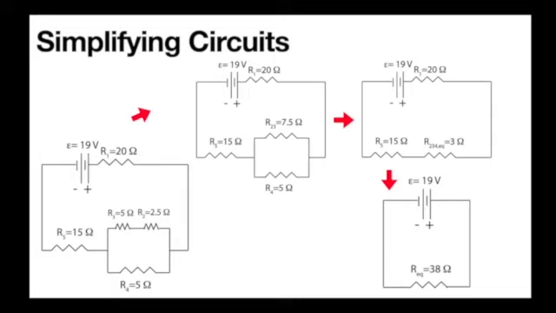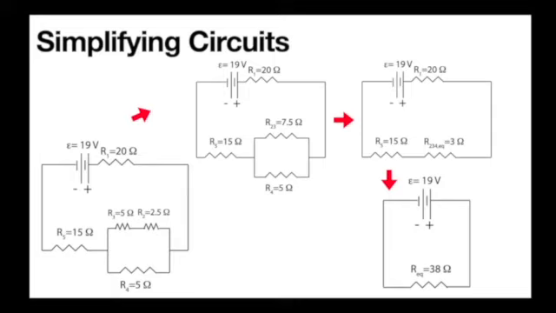Questions on battery resistor circuits before I move on to exponentials and capacitors? Yeah. So this one will be asking us to find the battery power. I mean, there's no question posed here.